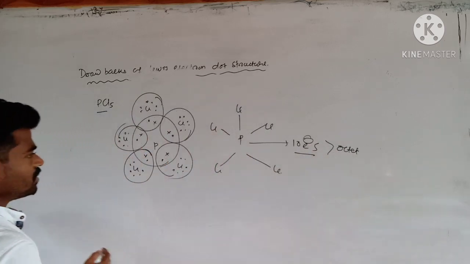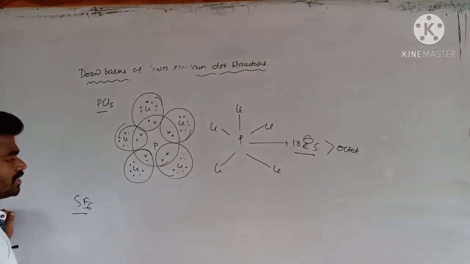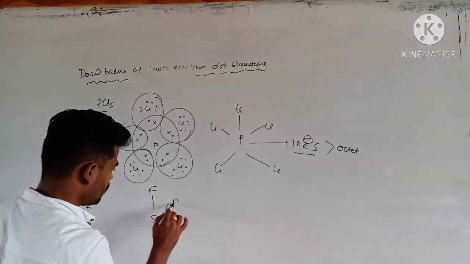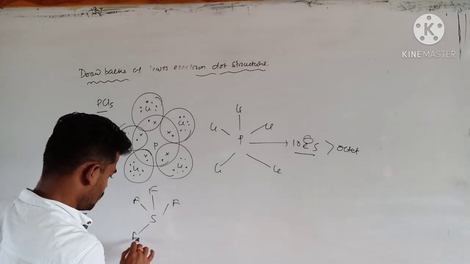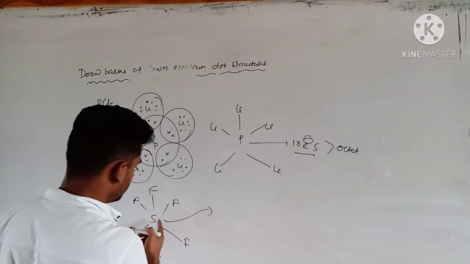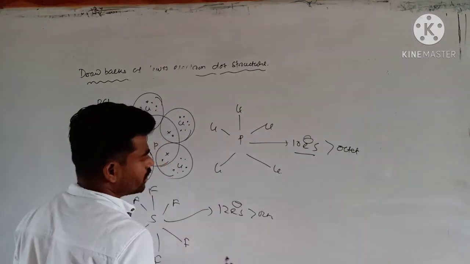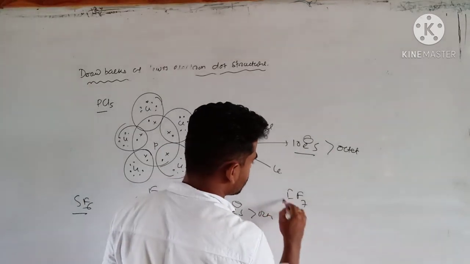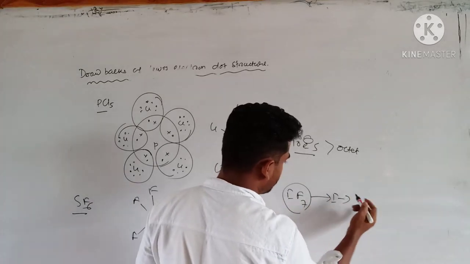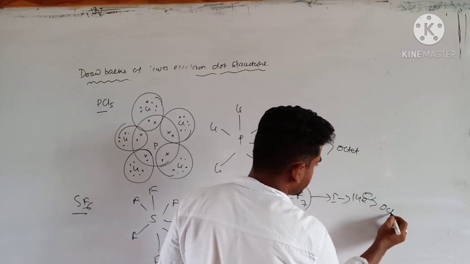Next, if we consider SF6, this is the central sulfur and fluorine. Tell me how many electrons it is associated with? 12 electrons, above octet. Then IF7, the central iodine is associated with 14 electrons, greater than octet.